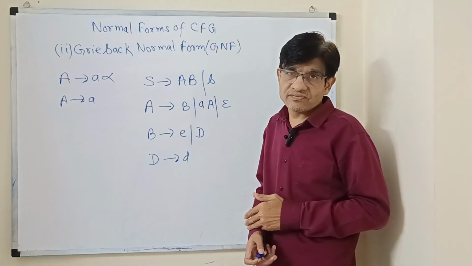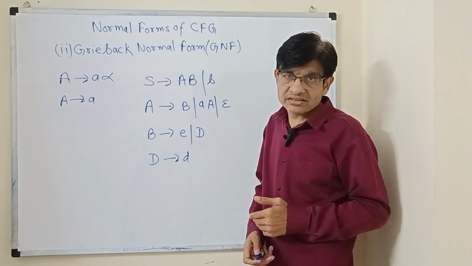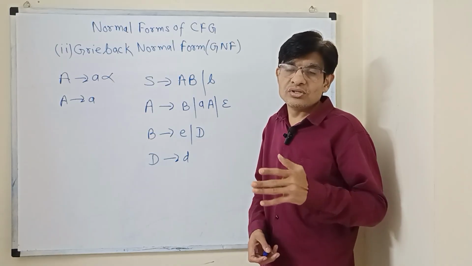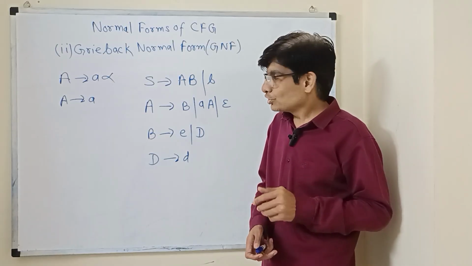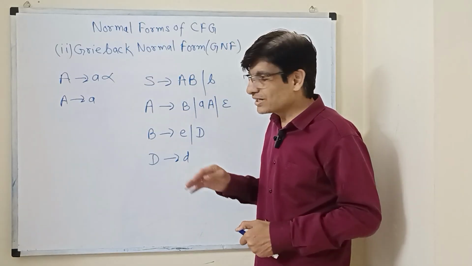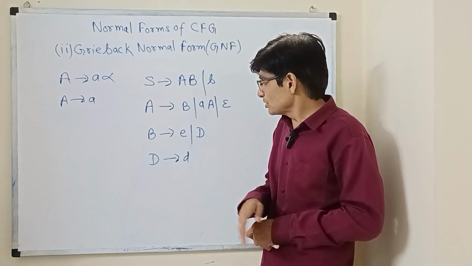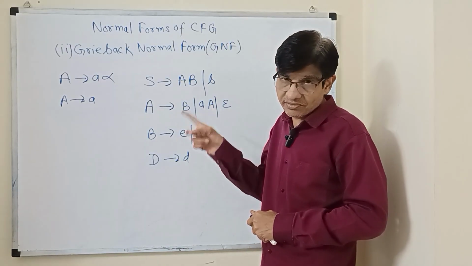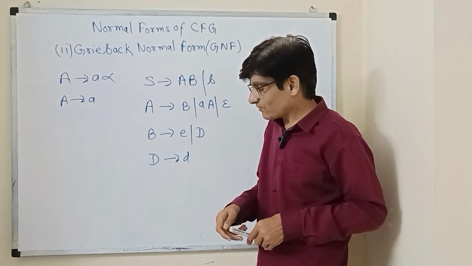One more thing, friend: if your grammar has left recursion, then in order to convert it into GNF you need to remove this left recursion also. This particular grammar does not have left recursion, so we will first remove epsilon production, then unit production, and then convert it to GNF.